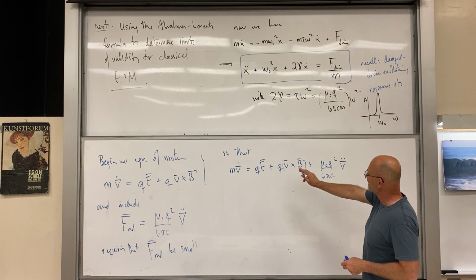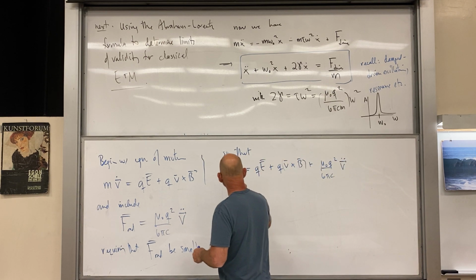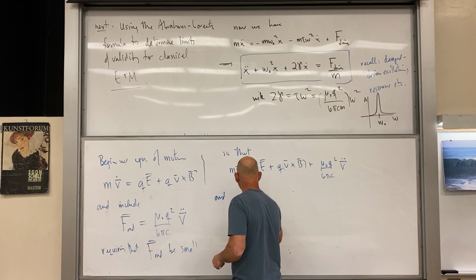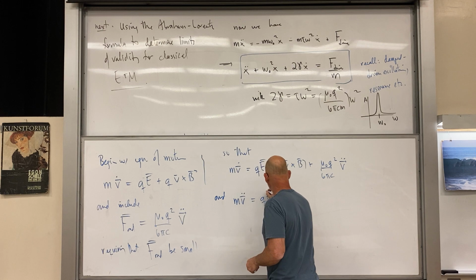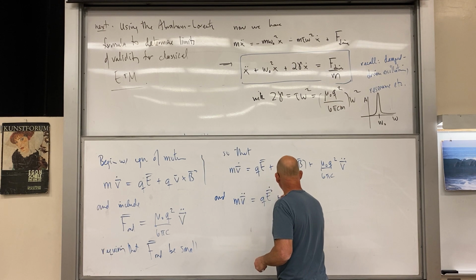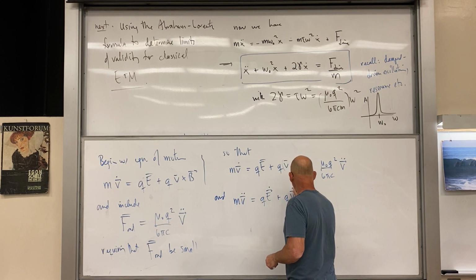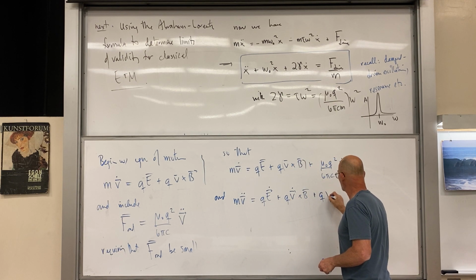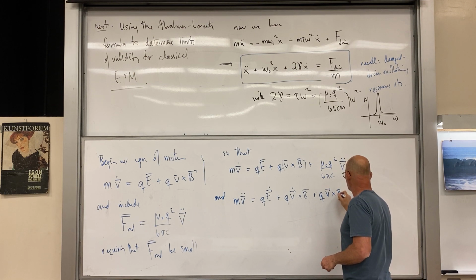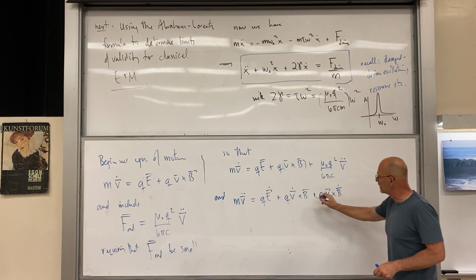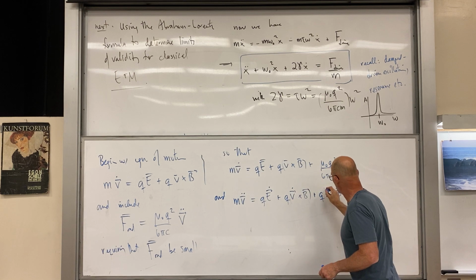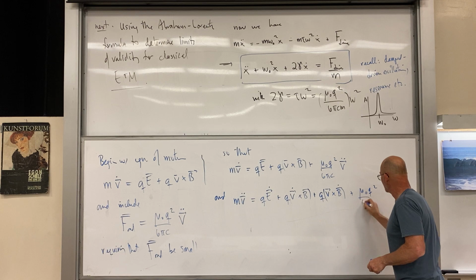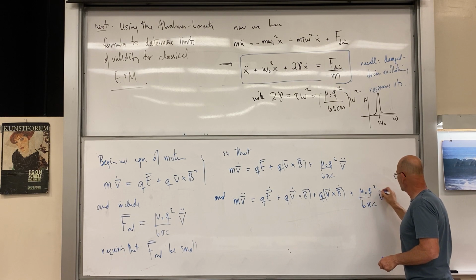Now, we're just going to take another time derivative. So m v with two derivatives equals q E dot plus q v dot cross B plus q v cross B dot, this is the product rule, plus mu naught q squared over 6 pi c times v with three derivatives.